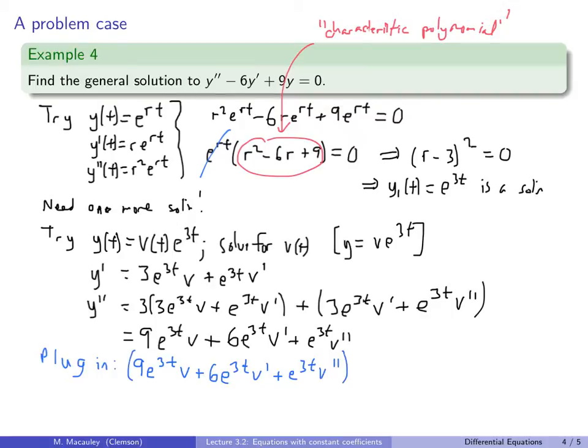This is our y double prime. So minus 6 times y prime. So let's subtract 6 of these.